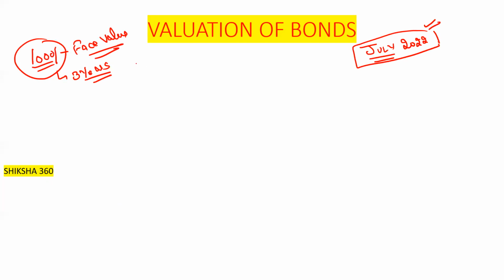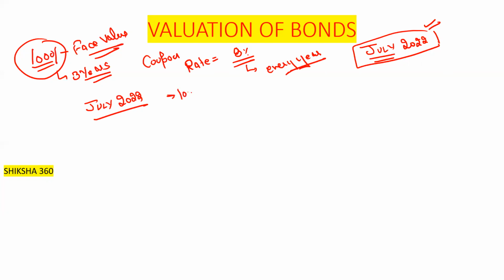And what is the coupon rate? We can say the coupon rate is 8%, and you will get that every year. So in July 2022, you are purchasing a bond having a face value of rupees 1000.